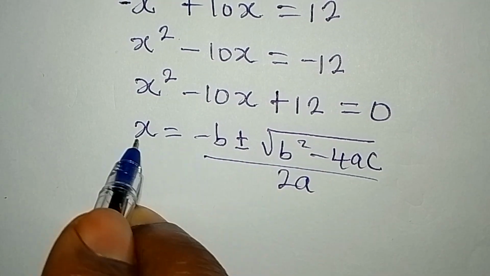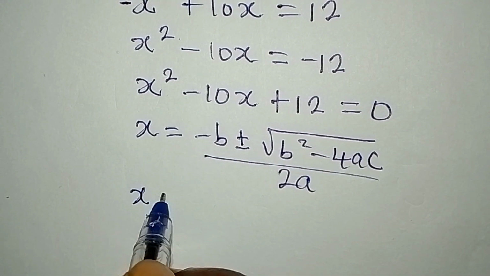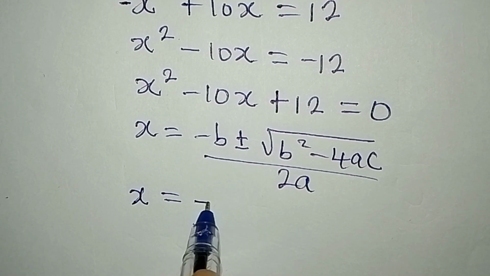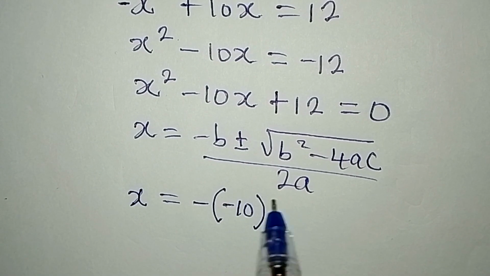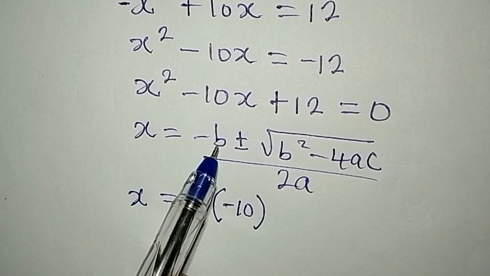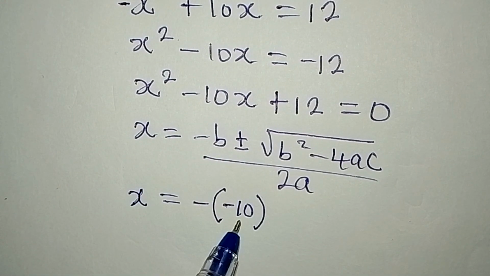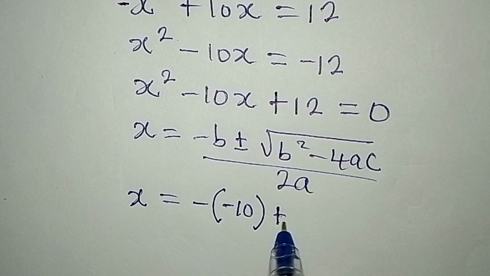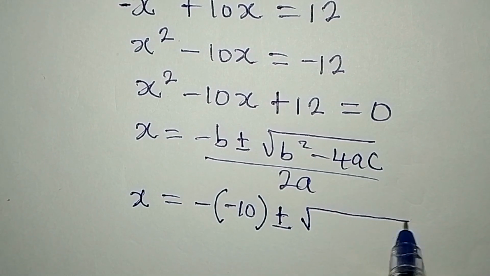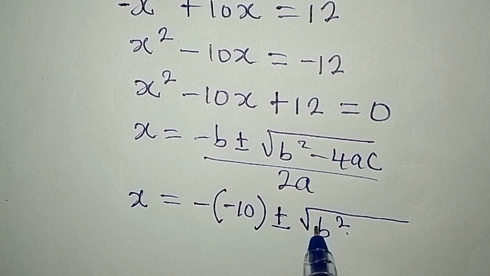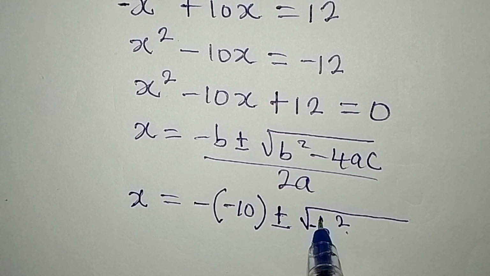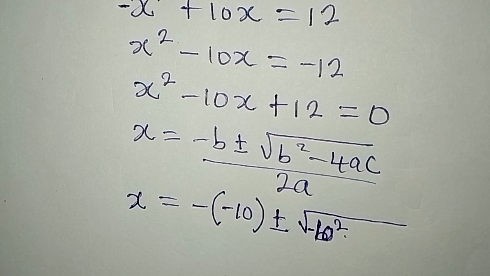Now, substitute into the formula. x is equal to, in place of minus b, we have minus minus 10, because b itself is negative 10. Then we have plus or minus the square root of b squared, in place of which we write minus 10 squared.